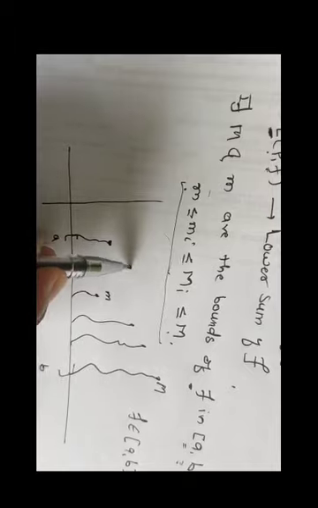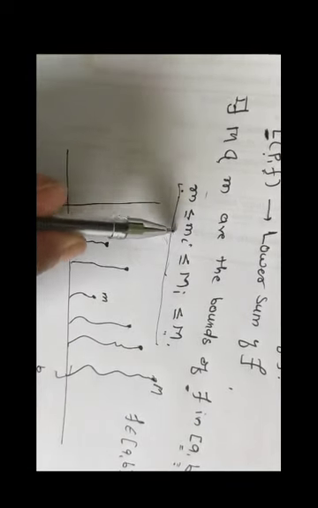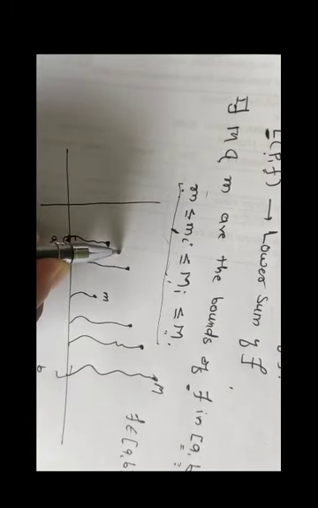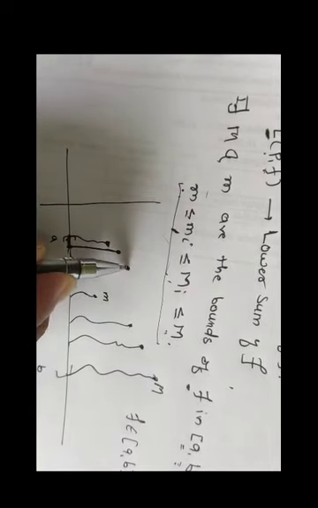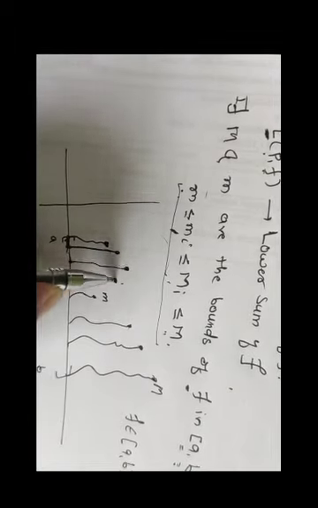Then all these lower bounds and upper bounds, small mi and capital Mi, lie between capital M and small m. For this interval of the partition, this is small mi and this is capital Mi. For the next interval, this is small mi and this is capital Mi, and so on.